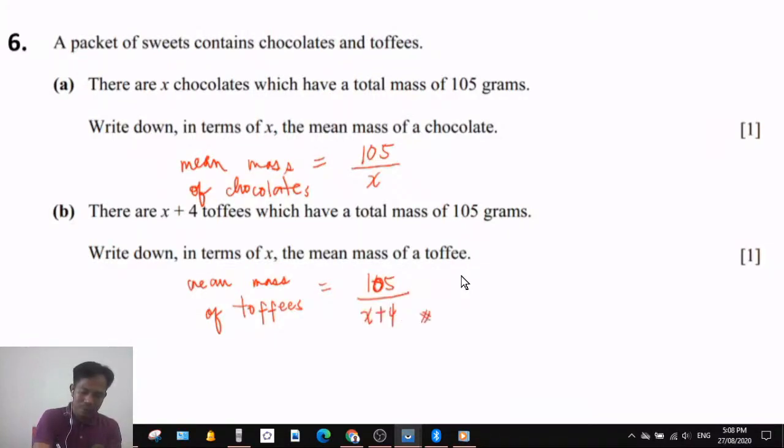These are the answers. You'll get 1 mark each, so take note of that. Mean mass of the chocolates is 105 over x. Mean mass of toffees is 105 over x plus 4.